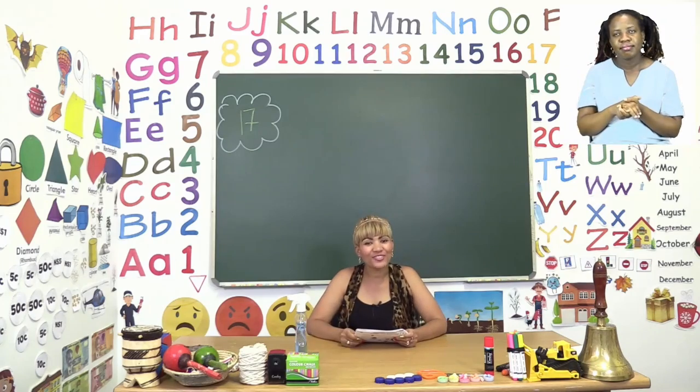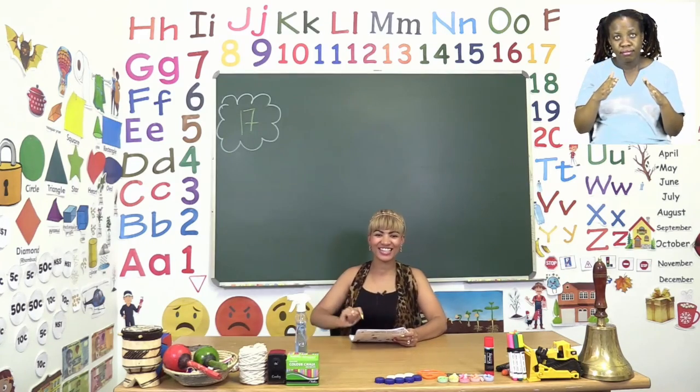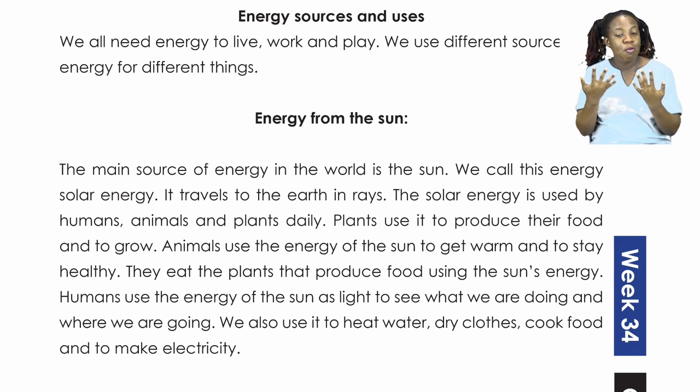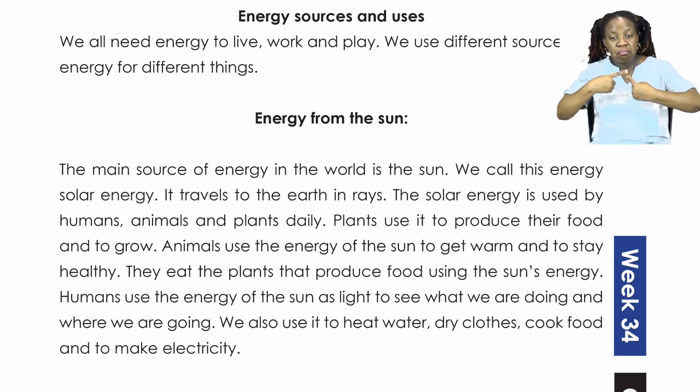Let's start this part of our lesson on page 17. Now here, boys and girls, we have a reading comprehension. We are talking about energy sources and uses. It says, we all need energy to live, work and play.